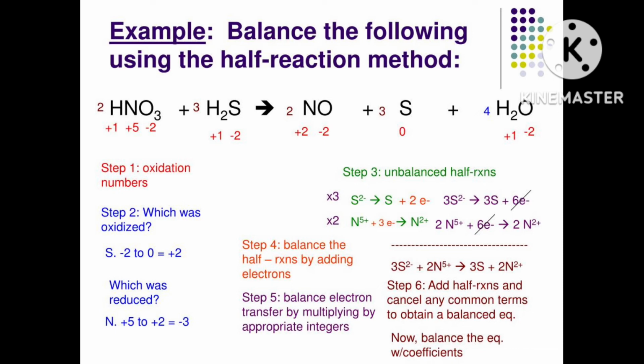MnO4 minus is converting into MnO2. Already you have calculated, Mn is +7 and in MnO2 Mn is +4.